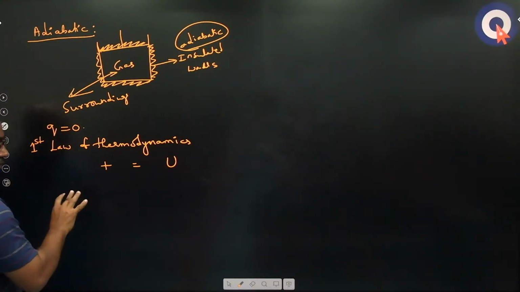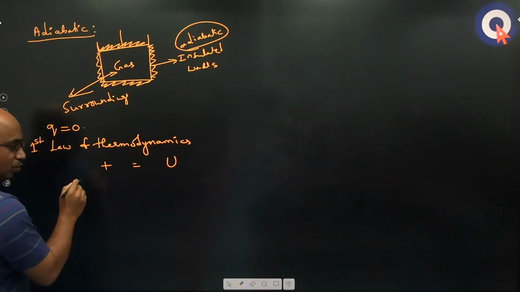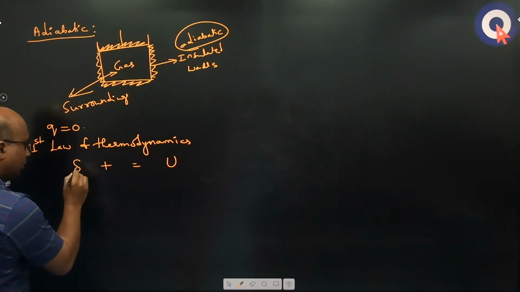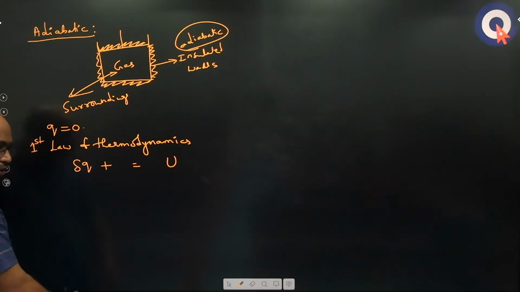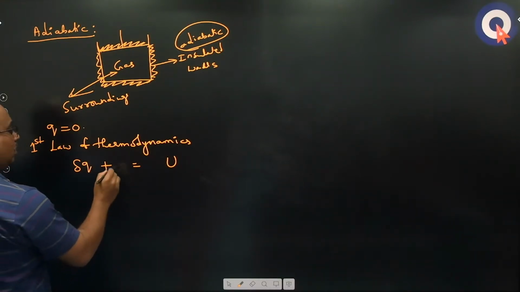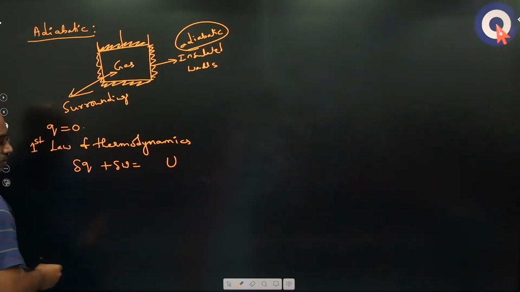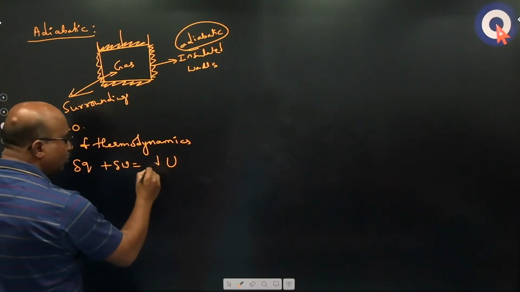For any path variables, we generally don't use the differential function directly. We write a partial differential, dou Q plus dou W, because work and heat are path functions, and this is equal to dU.